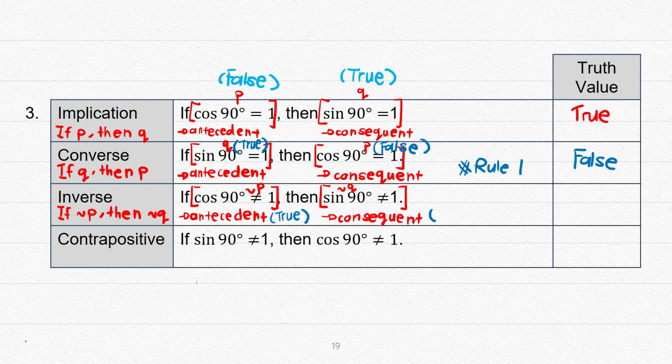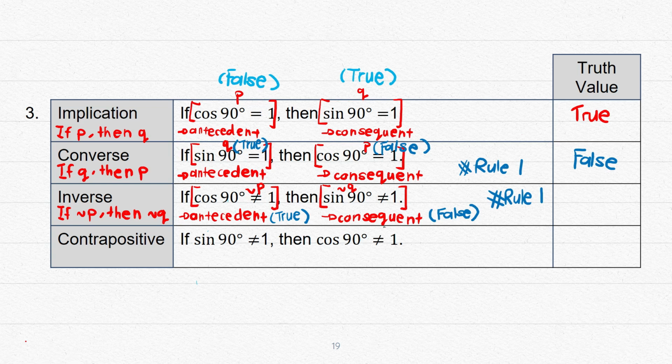False, great. Then which rule do we apply, rule number 1 or rule number 2? One, great. We apply rule number 1 because the antecedent is true.